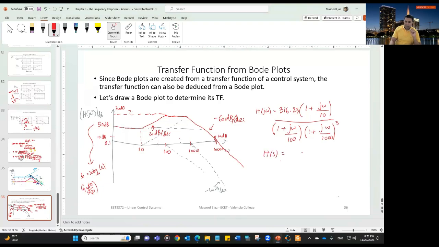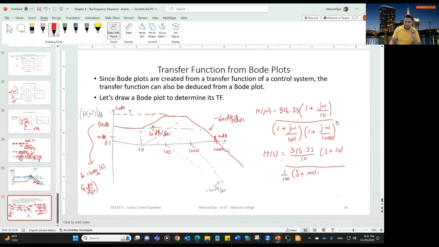H of S is equal to 316.23 over 10, multiplying by 10: S plus 10, where j omega becomes S. And then here, multiply by 100, so S plus 100, 1 over 100.